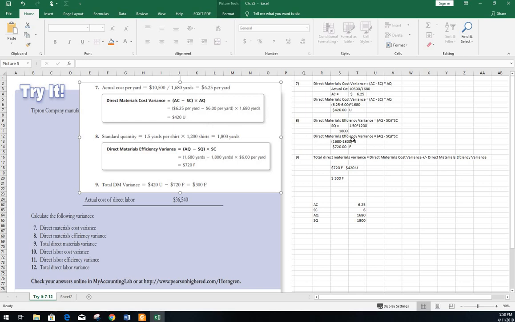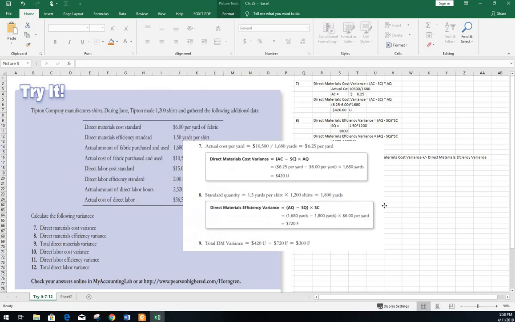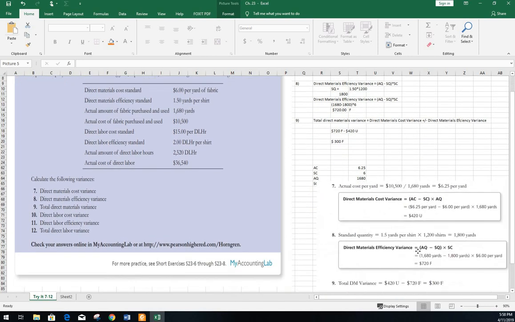We took the actual quantity 1680 minus our standard quantity, multiplied that times the price, $6, and we got 720 favorable. Then we took these two numbers, 420 and 720, and because one is favorable and one is unfavorable, we took the larger amount and put favorable. So that's the solution to 7, 8, and 9.